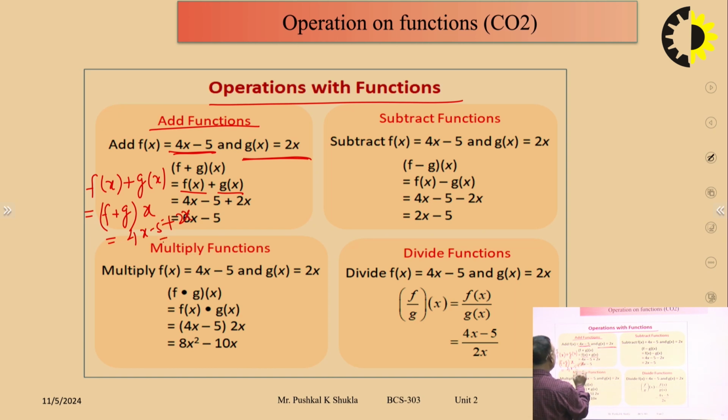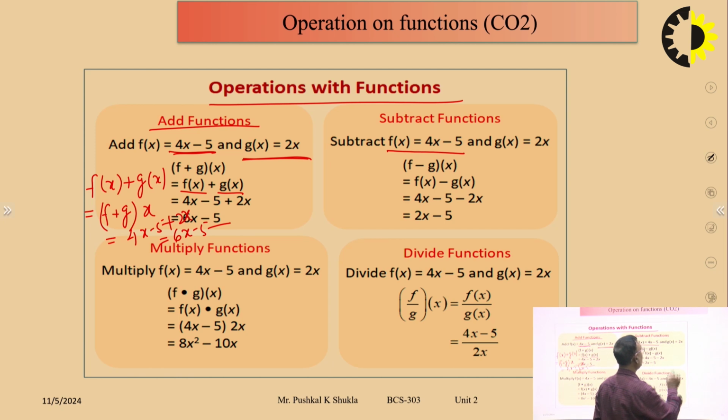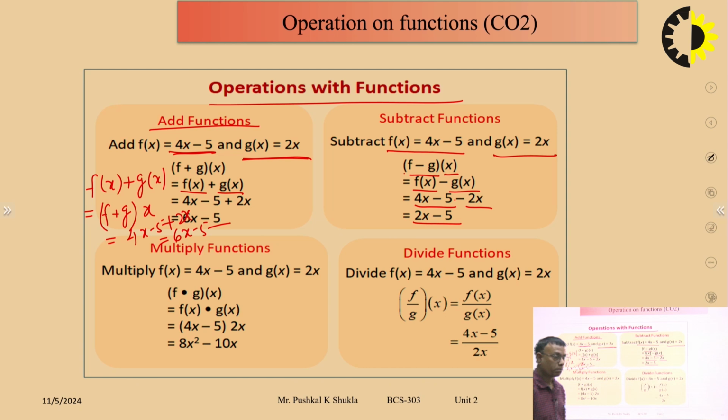Simply add: f(x) + g(x), we can also write (f+g)(x), that is 4x - 5 + 2x, which comes to 6x - 5. Subtract: f(x) = 4x - 5 and g(x) = 2x, then subtraction (f-g)(x) is f(x) - g(x), that is 4x - 5 - 2x, which comes to 2x - 5.